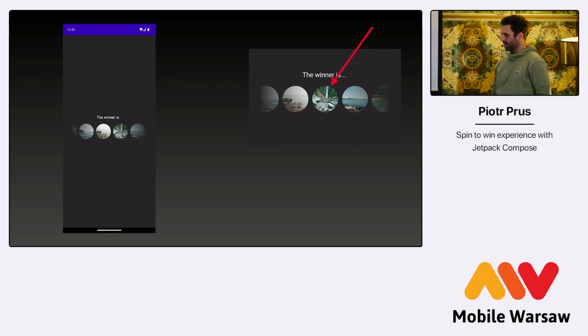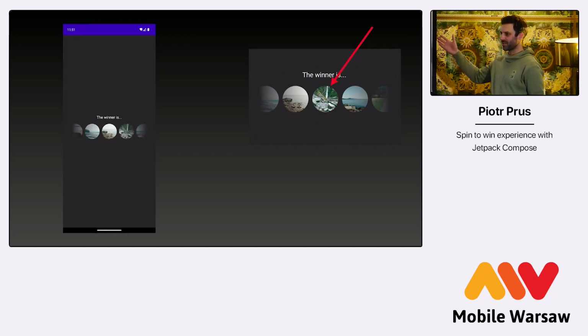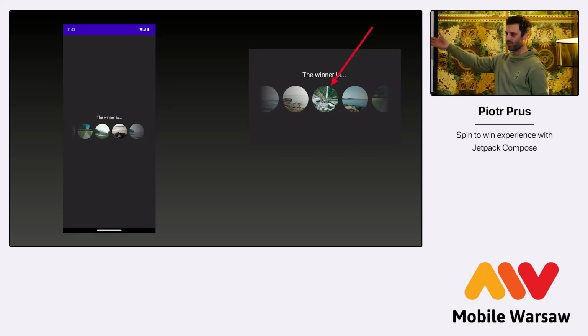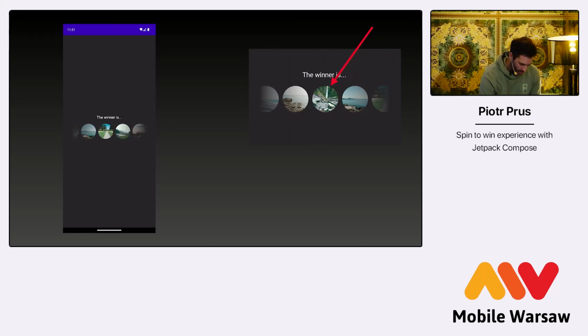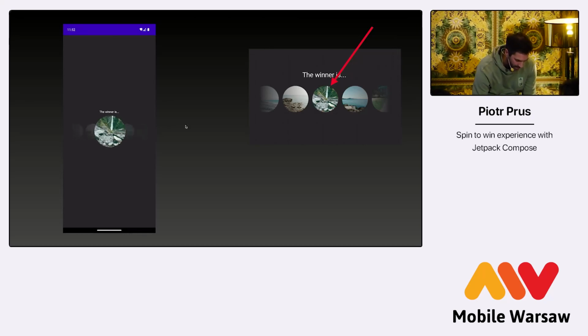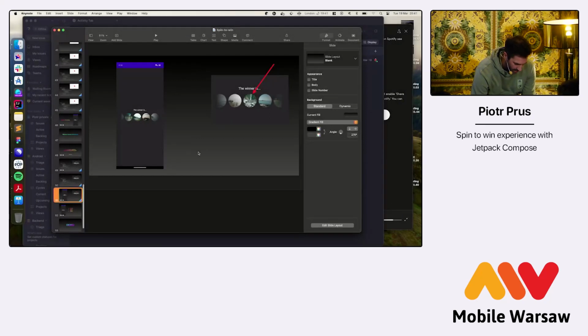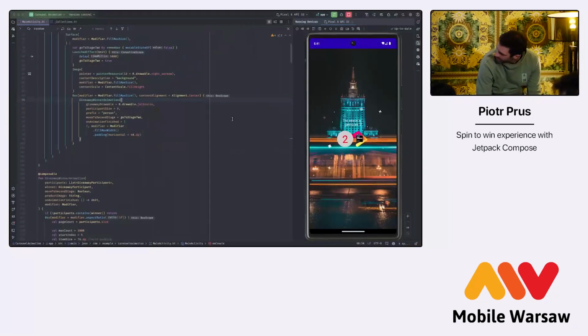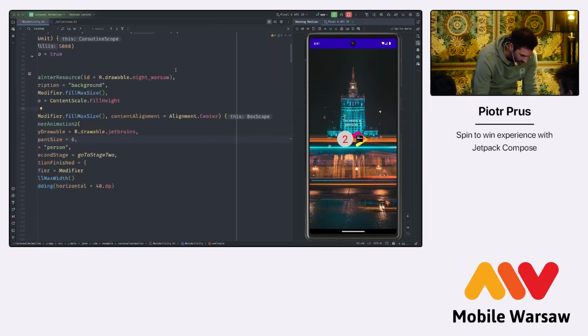And when the winner is selected, it just pops up. Okay. So the question is where is the background and all the things related to the winner during the scroll? It is just under the scroll with alpha 0. And then when we are going to stage 2, I can show you that. Let me try.